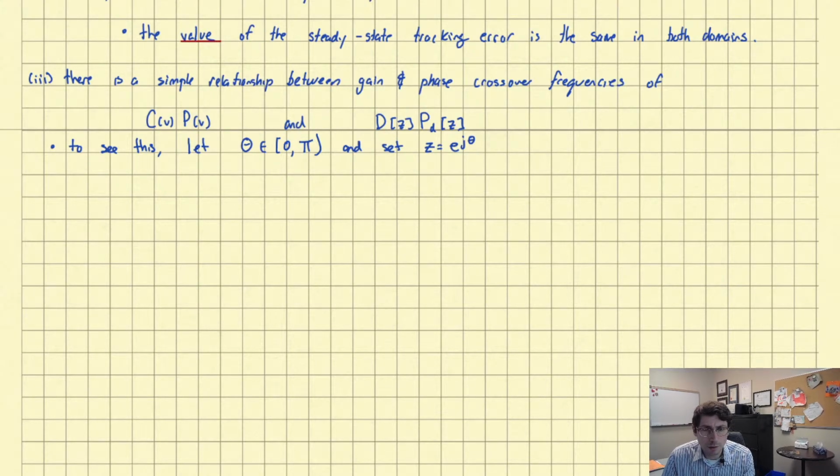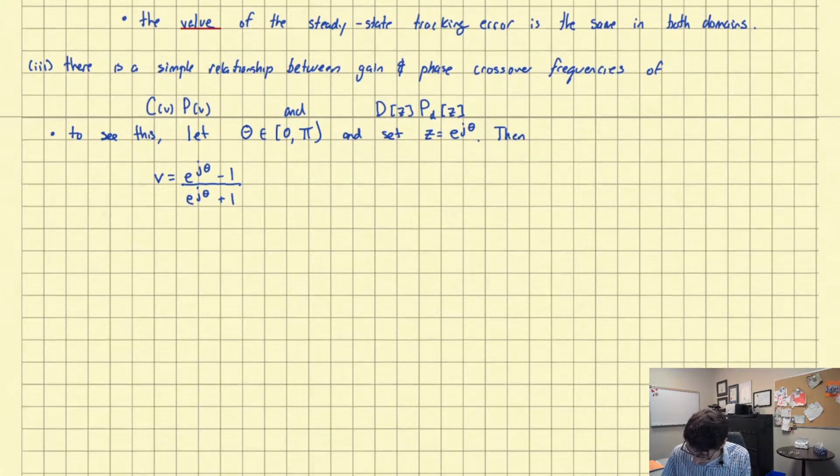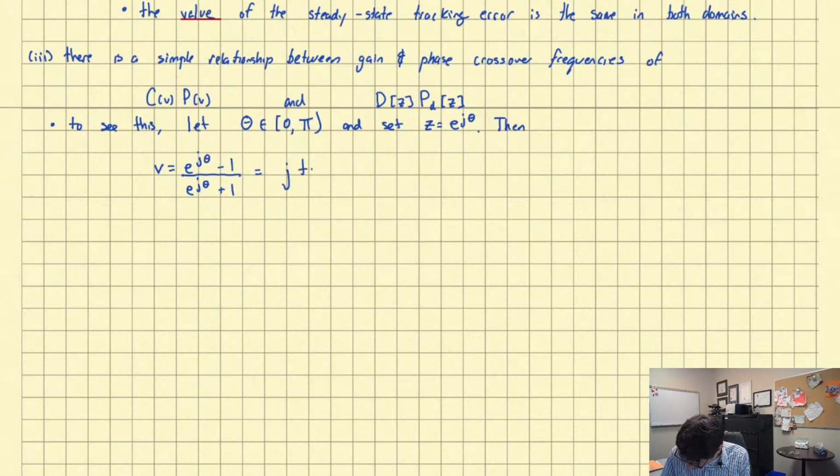Okay, when I run this through this bilinear transformation, what do we get? Okay, do a little bit of algebra, and you will get the following. You get a point on the imaginary axis. So we can think of this as like a frequency. Right? J times omega, that's how you do frequency response in continuous time. Okay?